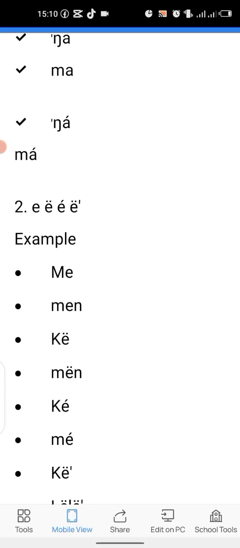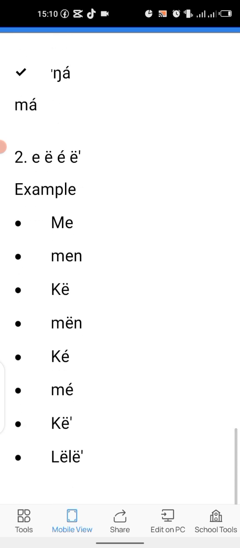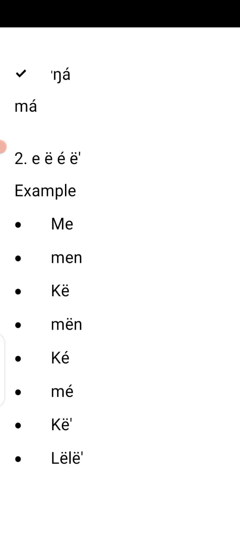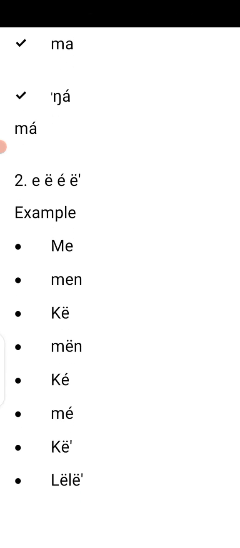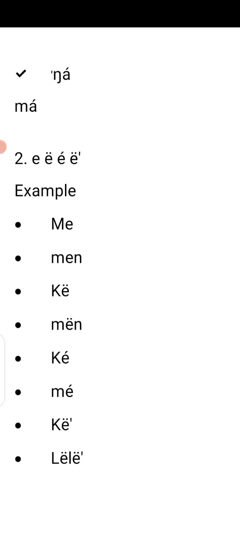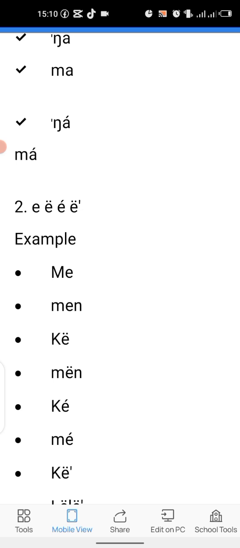The fifth one is ke. The sixth one is me. The seventh one is ke. So you need to be able to differentiate between ke and ke. Lastly, we have lele, having two syllables.